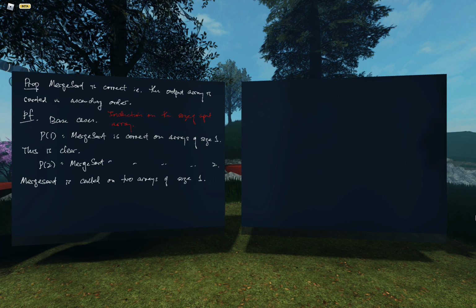If you go merge sort with an array of size 2, it gets broken up into, maybe I'll write it like this.